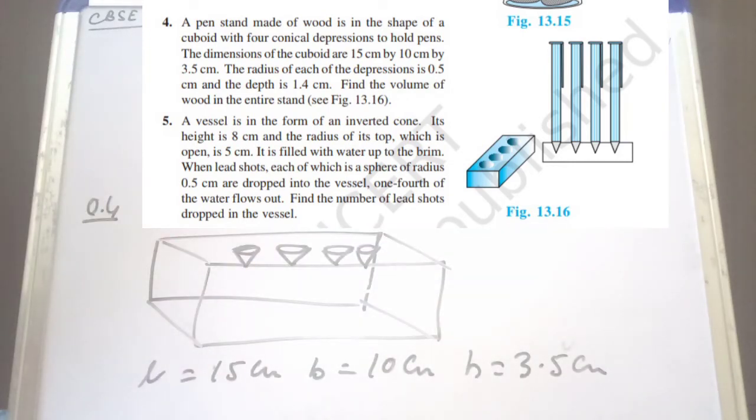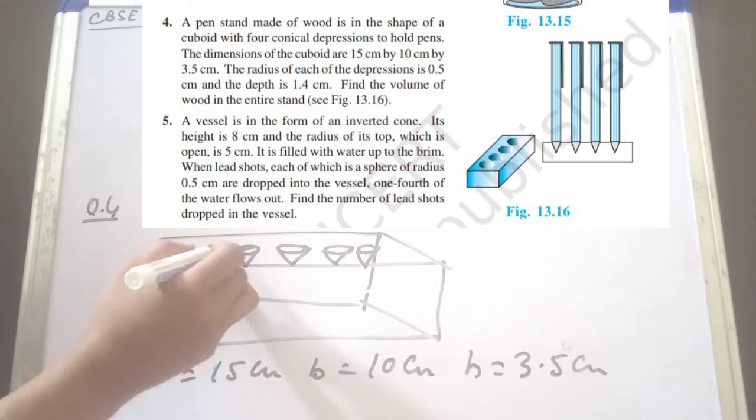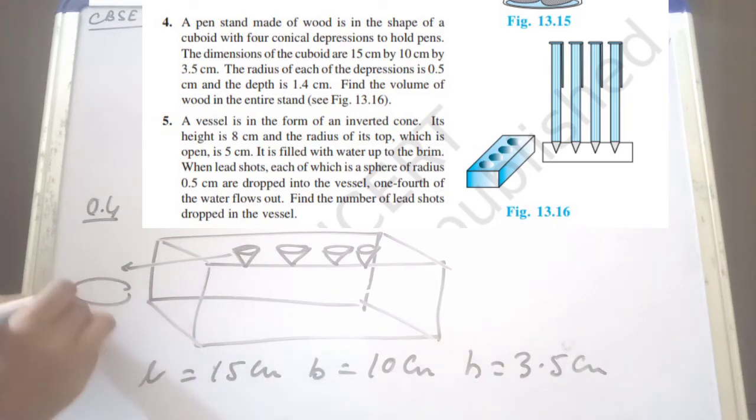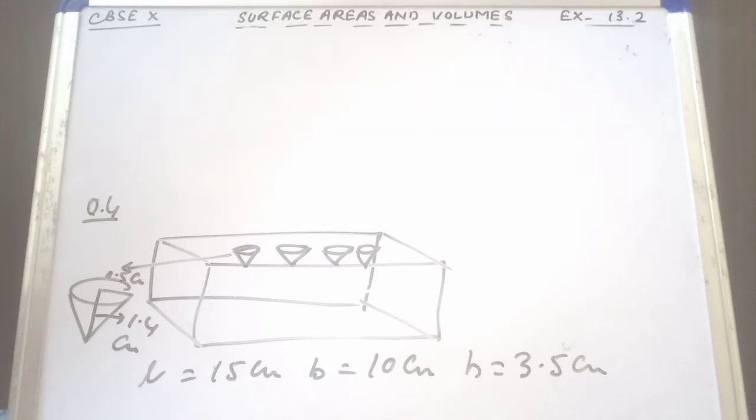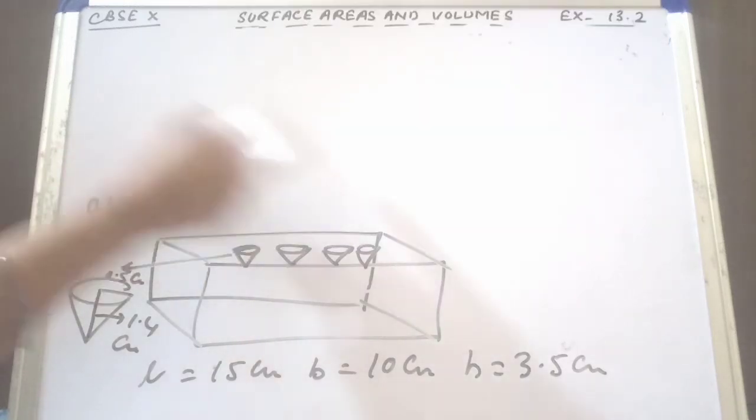And also given that the radius of each depression is 0.5 centimeter and depth is 1.4 centimeter. Now find the volume of the wood in the entire stand. So for that you have to just remove the volume of these 4 cones.